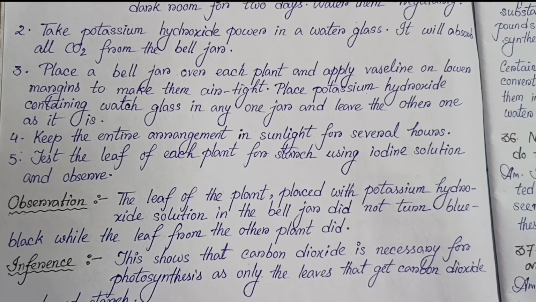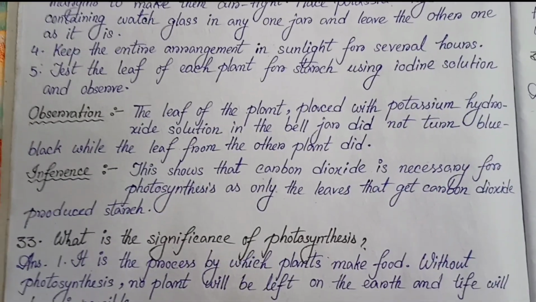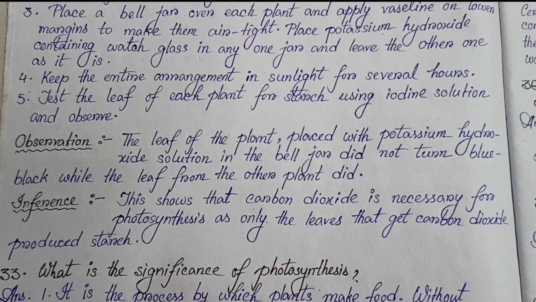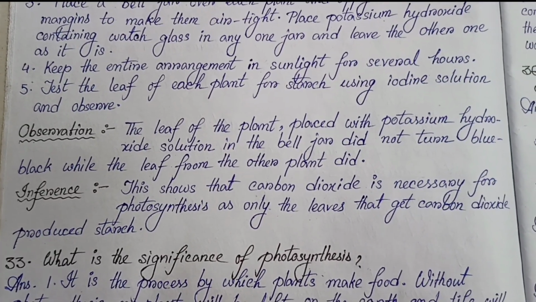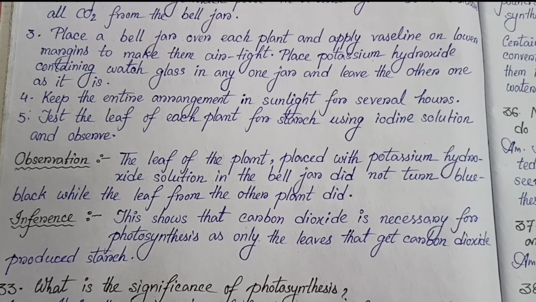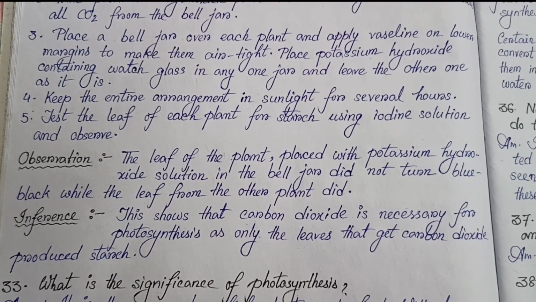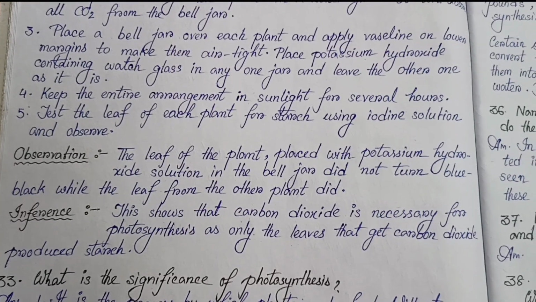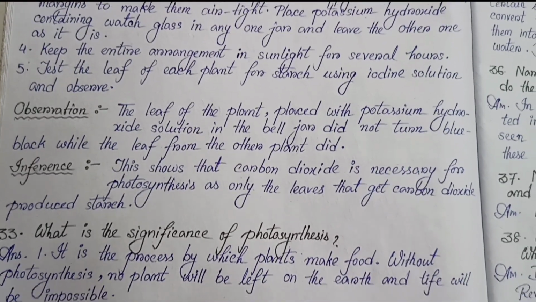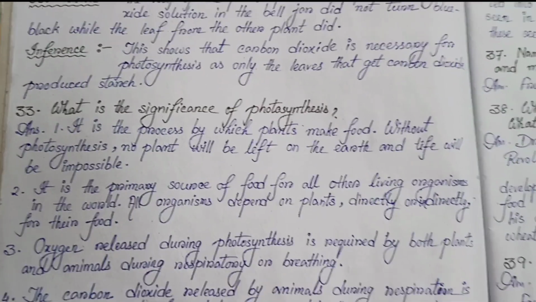Test the leaf of each plant for starch using iodine solution and observe. Observation: the leaf of the plant placed with potassium hydroxide solution in the bell jar did not turn blue-black while the leaf from the other plant did. Inference: this shows that carbon dioxide is necessary for photosynthesis as only the leaves that get carbon dioxide produce starch.